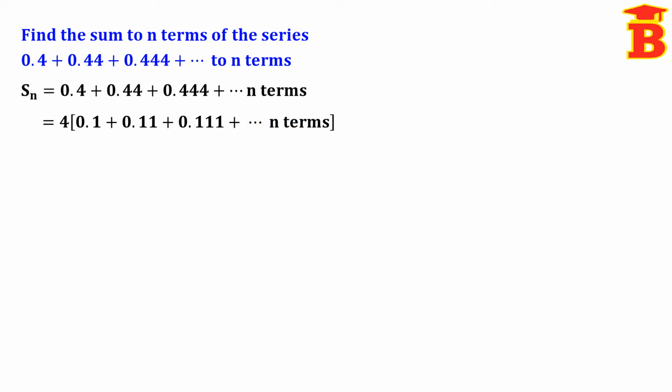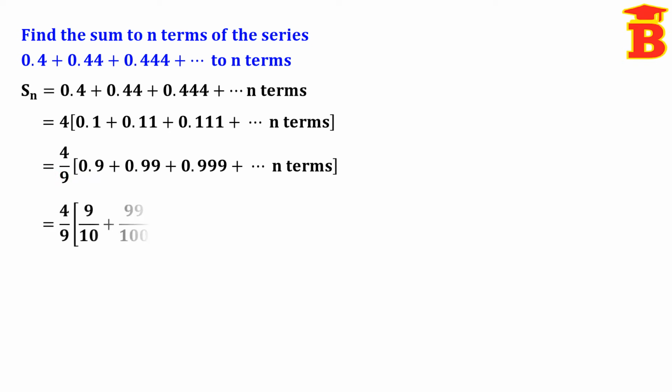Next see the method. It's the same as the previous sum. We multiply and divide by 9. So we multiply by 9 all the terms inside the bracket, that is 0.9 plus 0.99 plus 0.999 plus etc. n terms. Divide by 9, we write it outside.